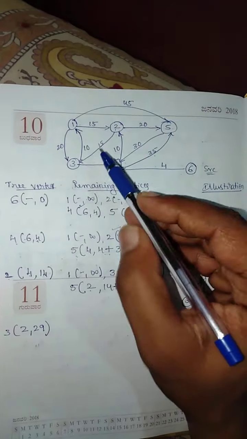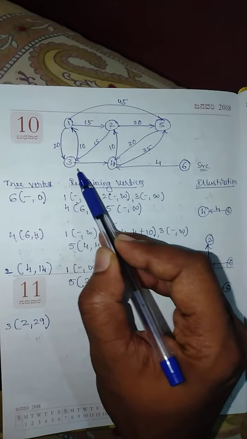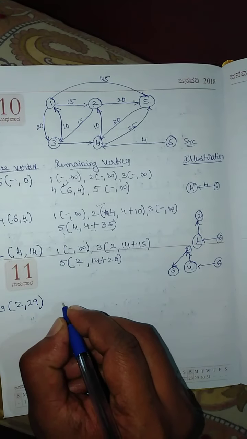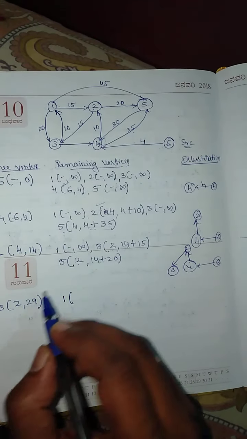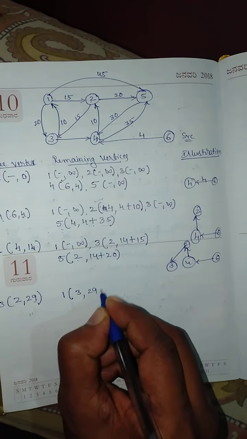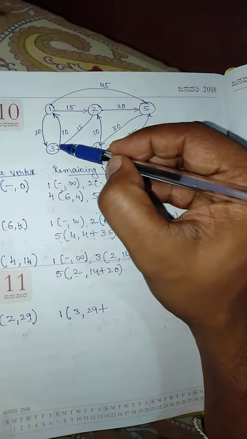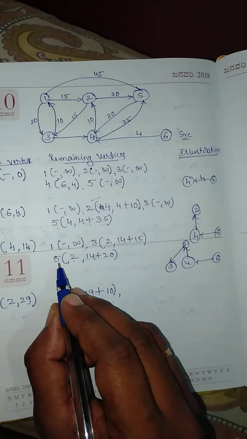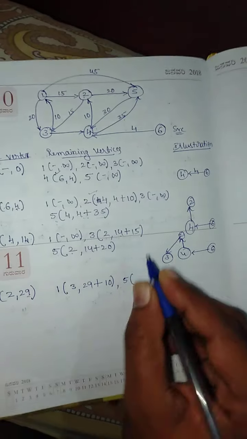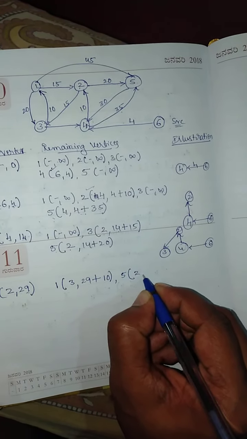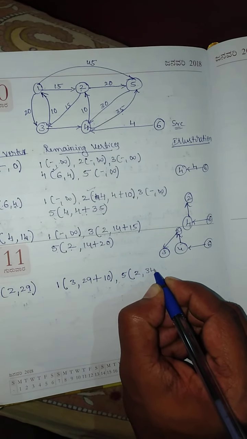For 3, the fringe nodes are 1 and 4. 4 is already considered, so we will update for 1. 1 is now reachable from 3 with a cost of 29 plus the cost from 3 to 1, that is 10. Next 5: is there any edge from 3 to 5? No. So 5 stays as it is, 2 comma 34.